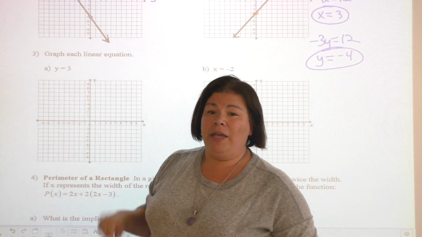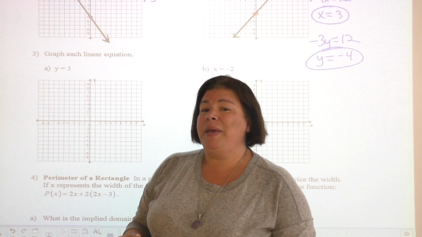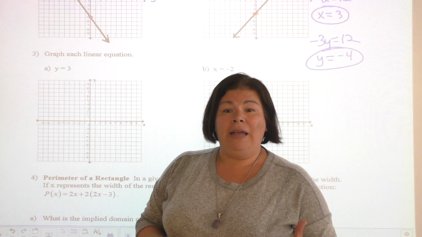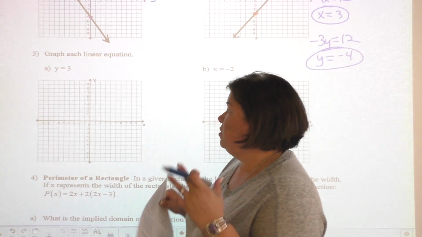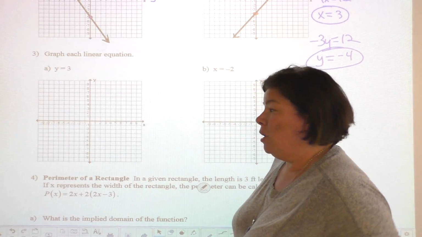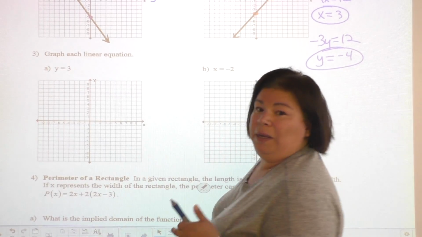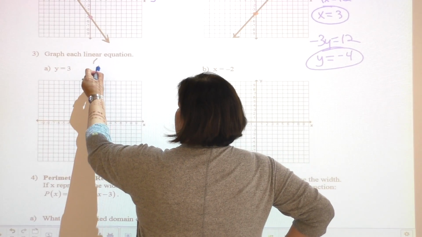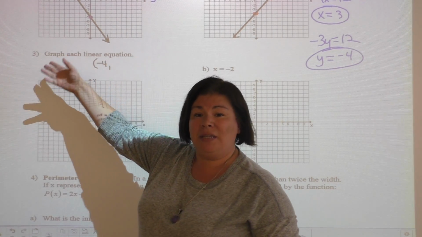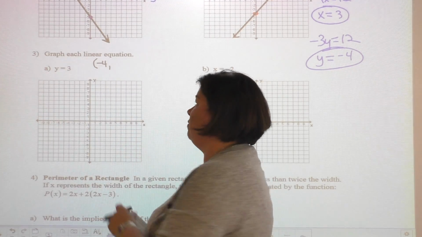If our y value is 3, that means I can pick any set of points where the y value is always going to be 3. So if you just pick random points, let's make sure they fit on the graph though. So let's say I want my x value to be -4. I have to pick then my y value of 3 because here the equation is saying your y value is 3.